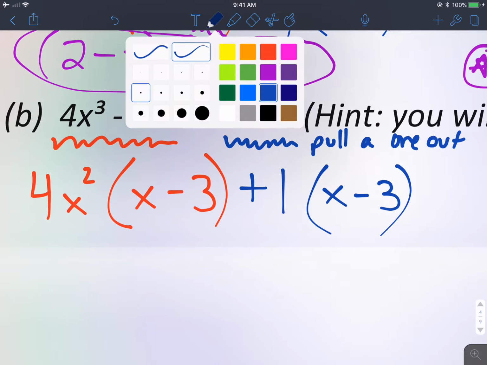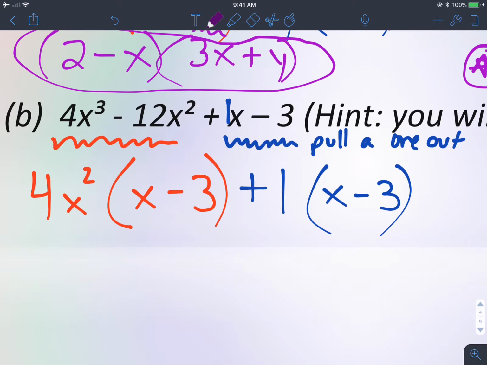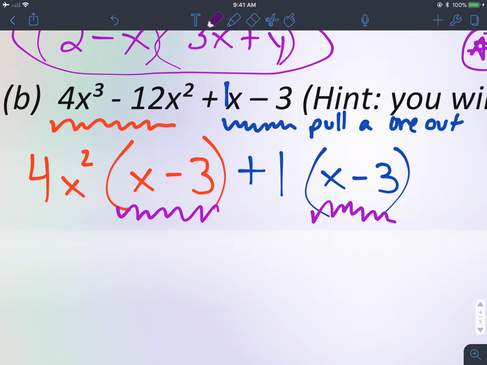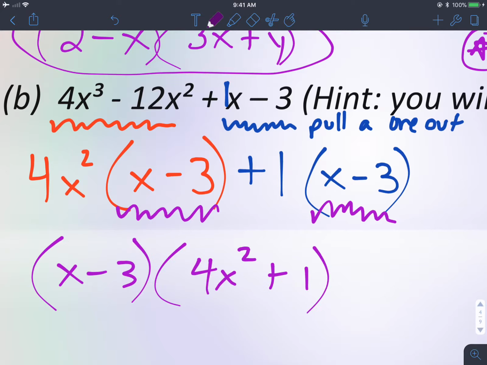So they do get kind of tricky. But now at least I'm in the same spot, right? Now your second level of factoring. Put the x minus 3 in front. We're left with 4x squared plus 1. So that whole thing comes out.